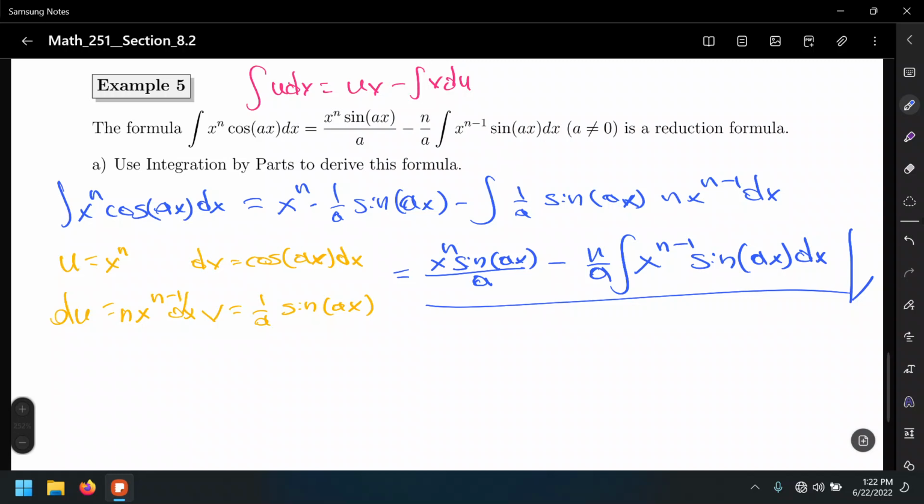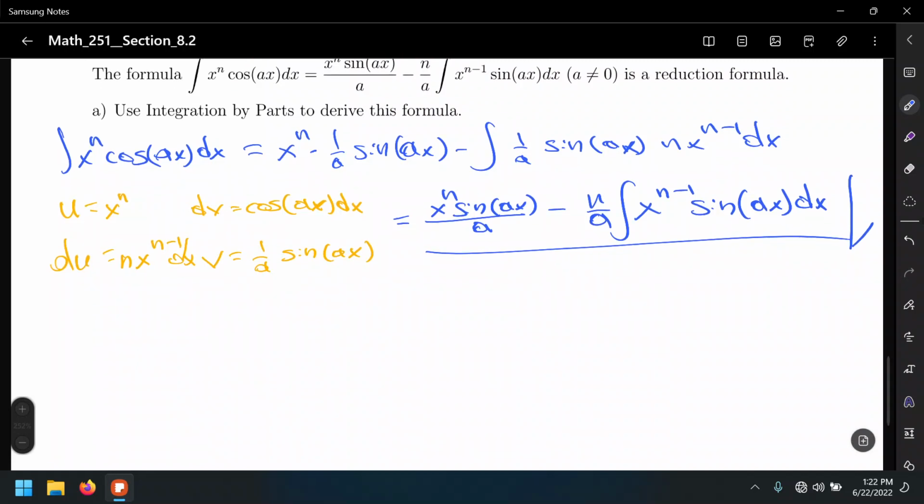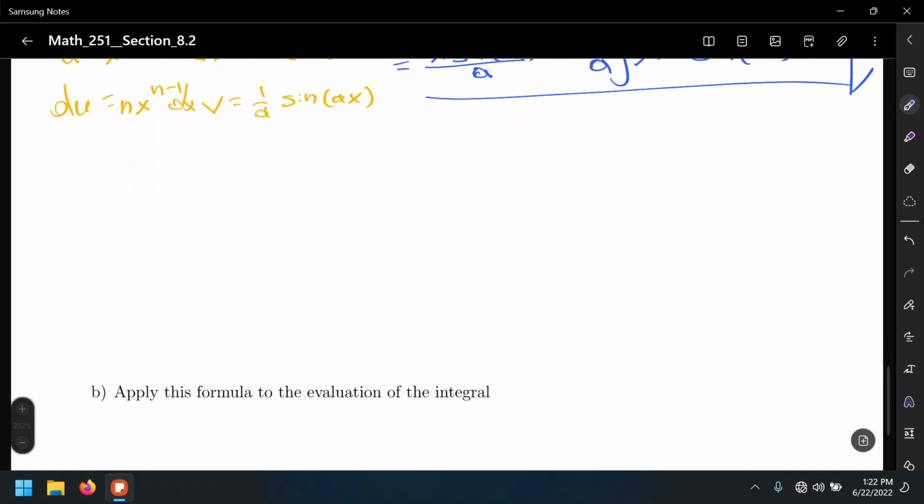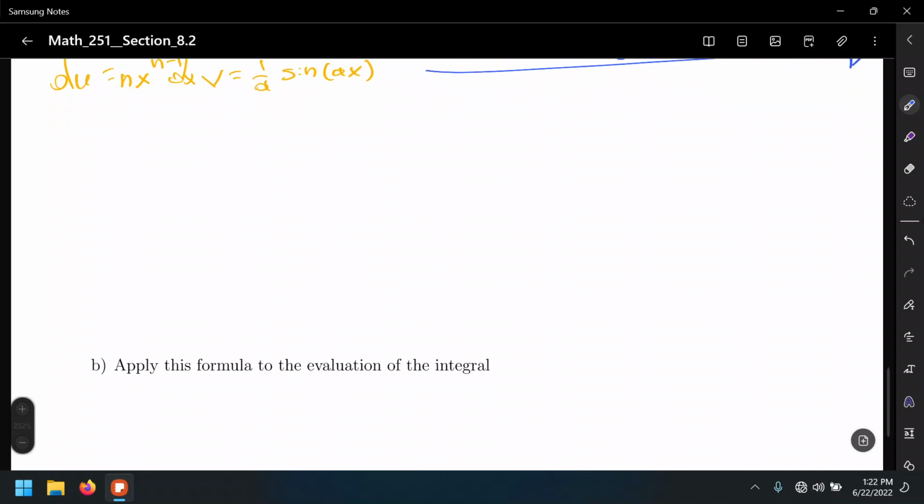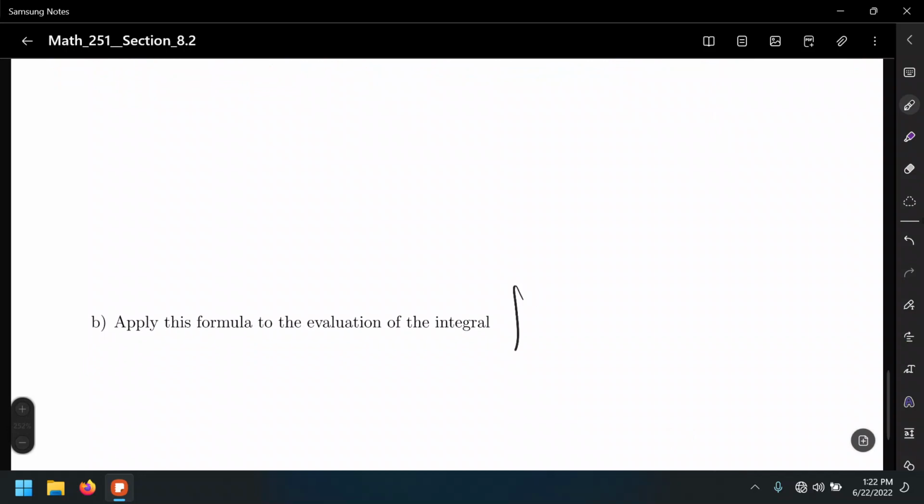For letter B, by the way, for whatever reason the integral didn't show, so apply this formula to the evaluation of the integral. Let me write it down. The integral of x cosine 2x dx.